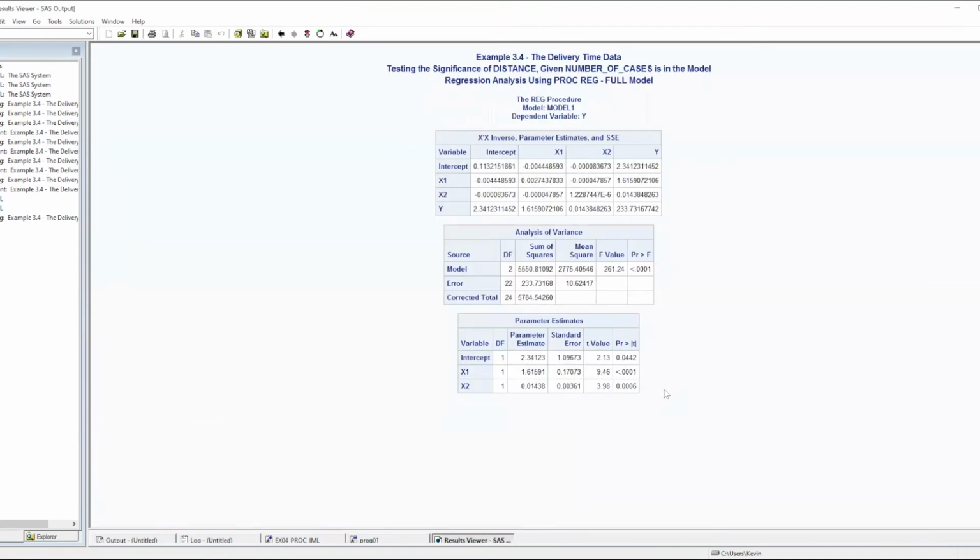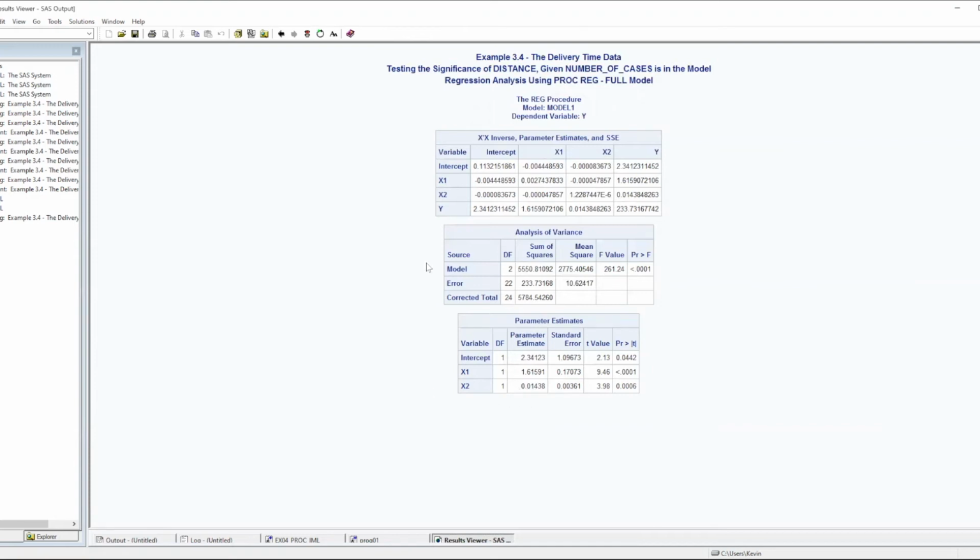We can see here that we have the parameter estimates table, and in particular, we're going to need the parameter estimate for beta 2. Beta 2 hat, in the parameter estimates table, is 0.01438, rounded to 5 decimal places.